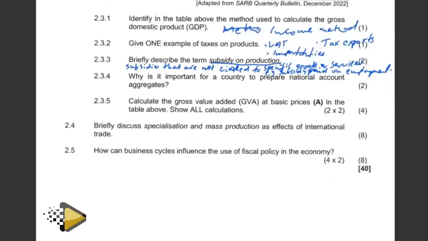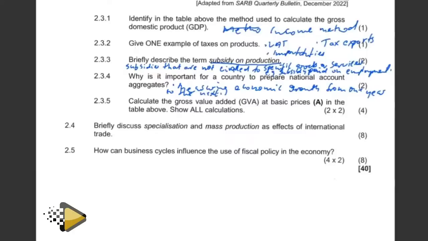So we are actually saying that this is measuring economic growth from one year to the next.